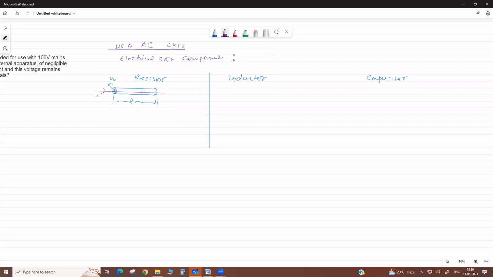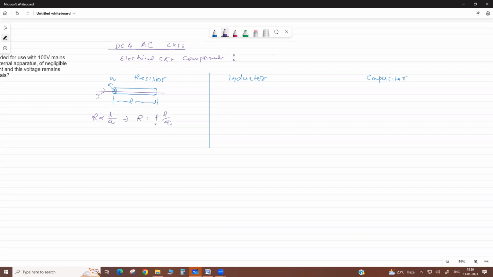That is known as resistance. This resistance of a conductor is directly proportional to length and inversely proportional to cross-section area. Therefore, we can write R equals rho L by A.